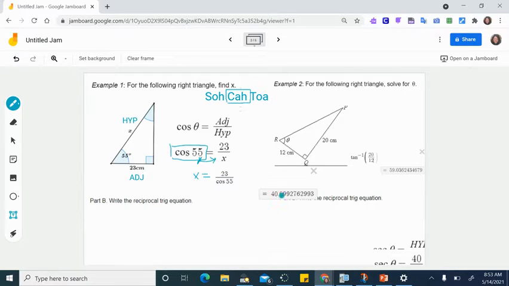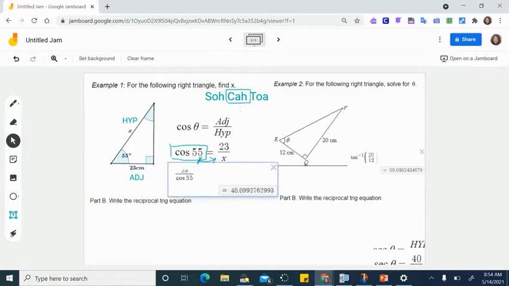We pop that in the calculator, and it tells us it's about 40.09. We want to round, so we'll just say whole number. So it's about 40.